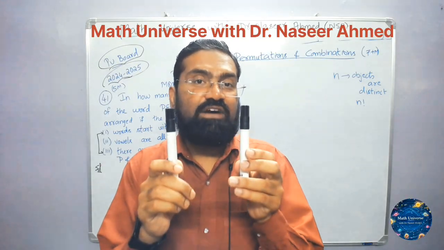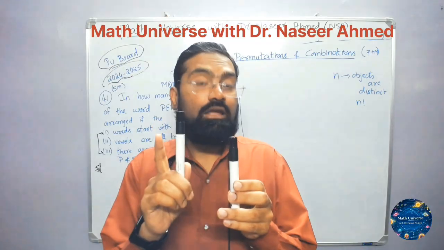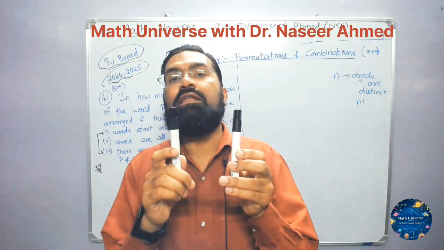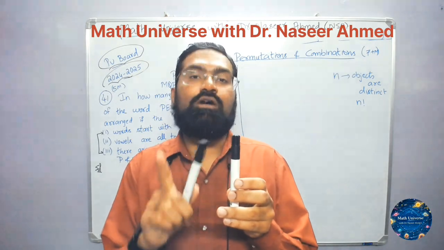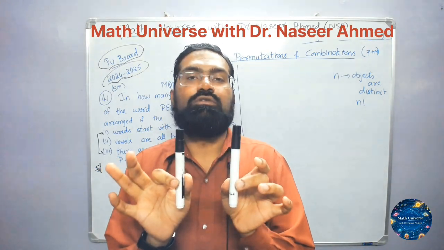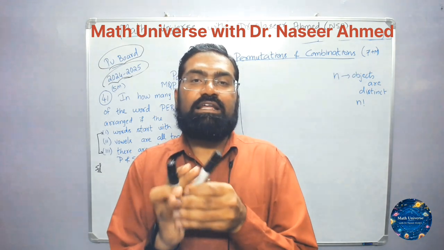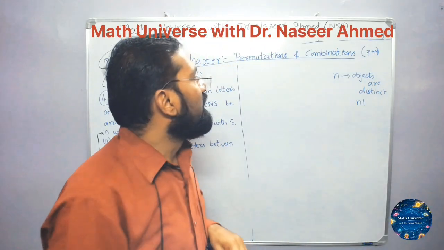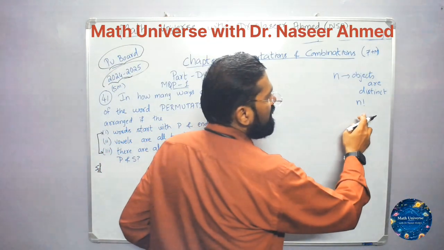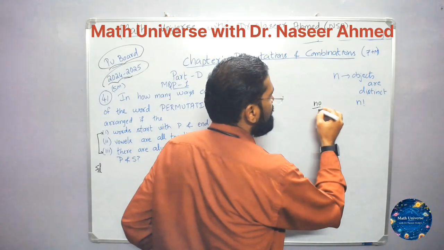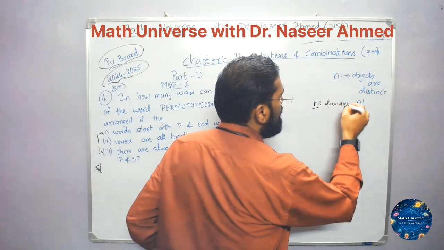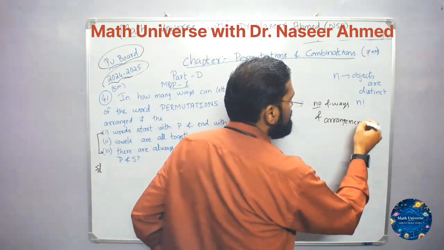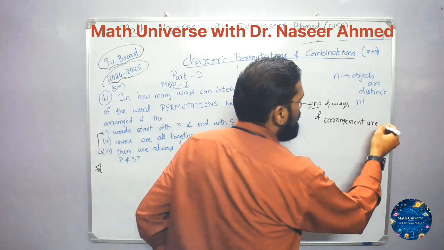So the number of ways of arranging identical objects: if I want to arrange all n identical objects together, then the number of ways is only one, whatever is given to you. Even if I do the rearrangement, we cannot make out because those are identical objects. So for n distinct objects, the number of ways of arrangement is n factorial.